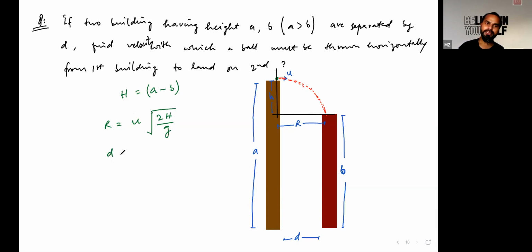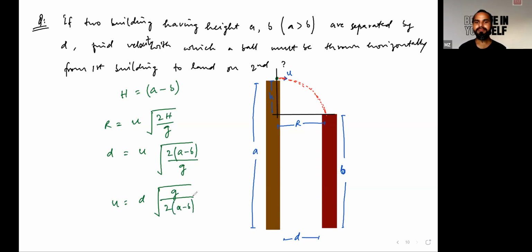R is nothing but d, which equals u root under 2 times h, which is a minus b, divided by gravity. So if you have to calculate this u, it would be d times root under g divided by 2 times a minus b.